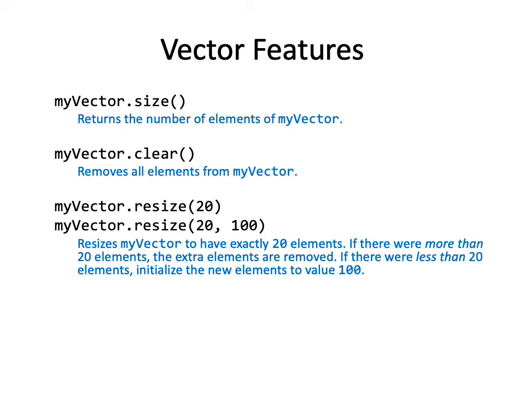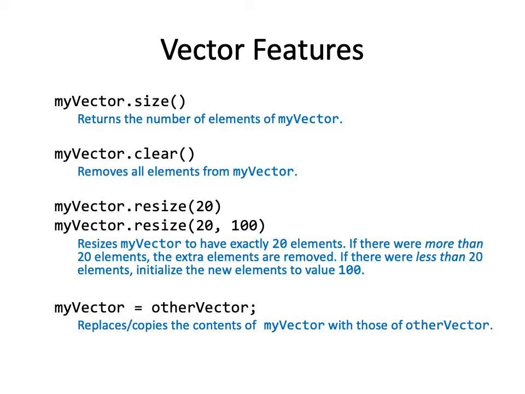If you call it with resize 20, 100, then if your vector is size 50, it's going to shrink it down to size 20 and ignore the 100. But if your vector is size 5 and you say resize up to 20, then it's going to fill in the last 15 values with the value 100. Cool.